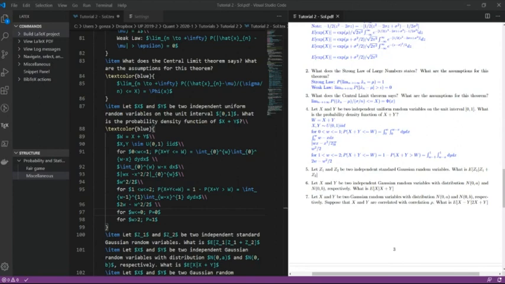I will upload the PDF since I don't expect you guys to have all the infrastructure set up for LaTeX. If you want, I can upload the LaTeX file as well, and you can read it in any text editor.